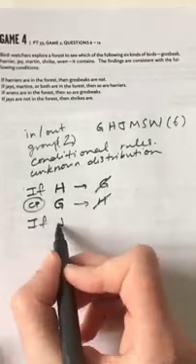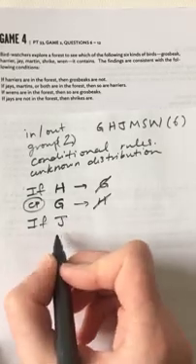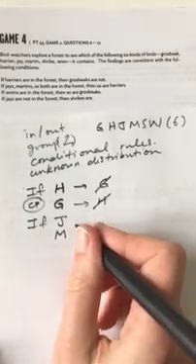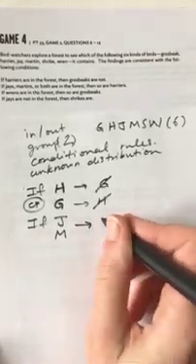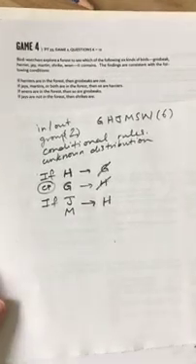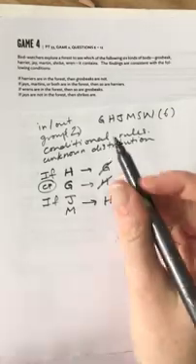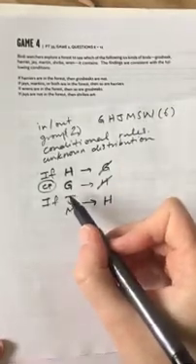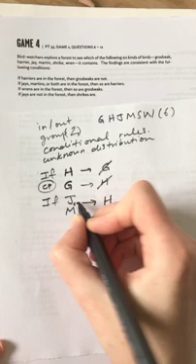If jays or martins or both are in the forest, then so are harriers. Okay, so if J is in or M is in.